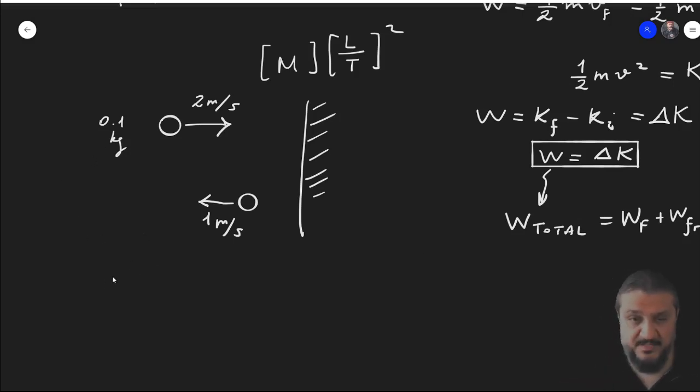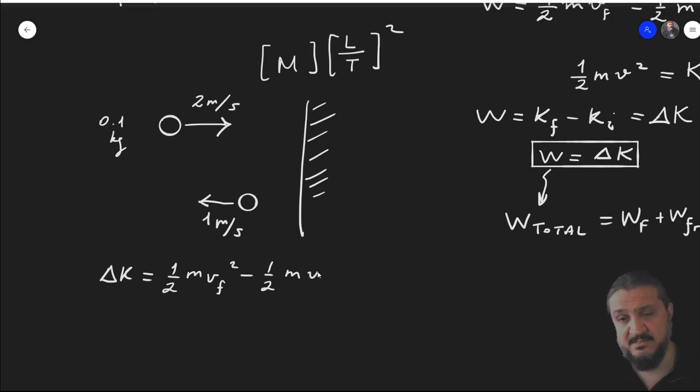Okay, so I think that much is enough. You know what I'm talking about. So 1/2 m v final squared minus 1/2 m v initial squared. And you may ask, okay, why is it not 1/2 m v initial squared minus 1/2 m v final squared? Who says that the change in the kinetic energy has to be final minus initial?